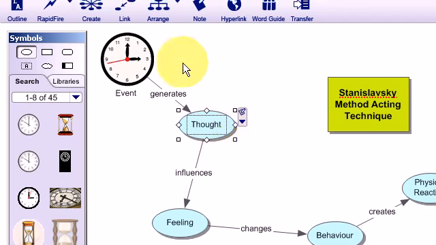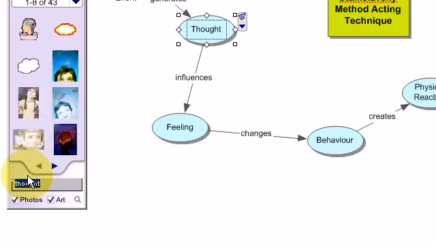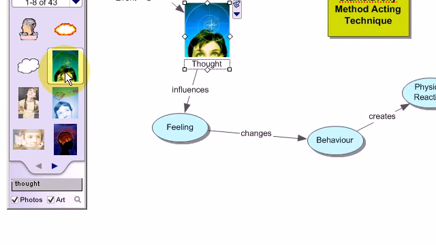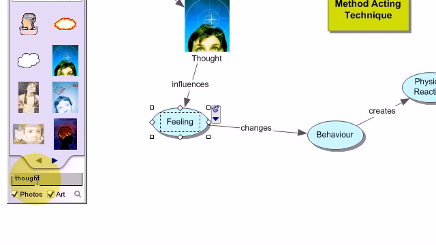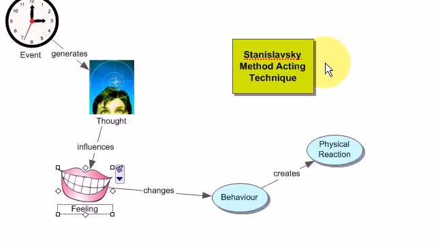Again, I need to highlight the concept first and then go to my library toolbar. So for a thought, I'm going to type in thought and click on the thought. And I guess the feeling, happy, and so on and so forth.